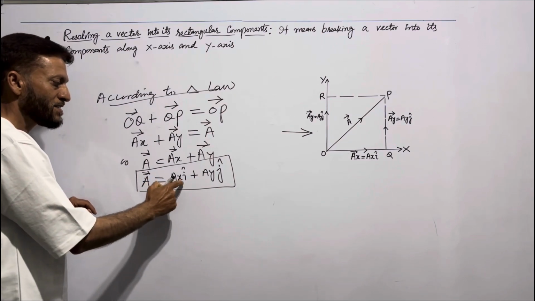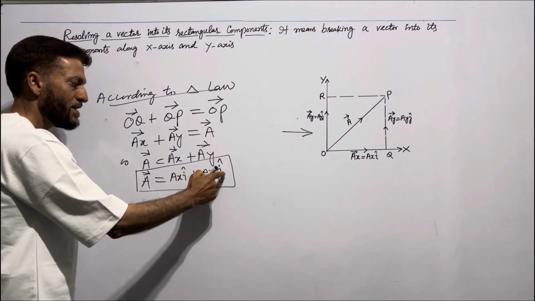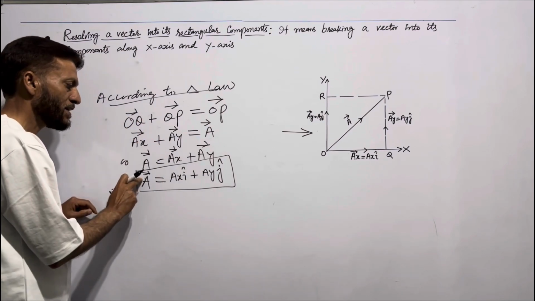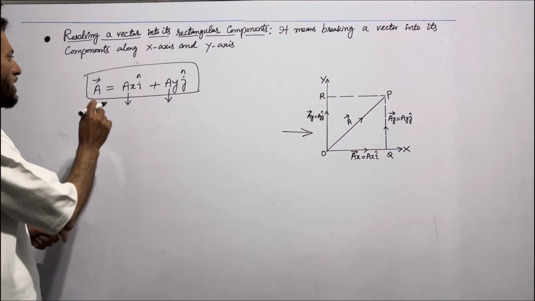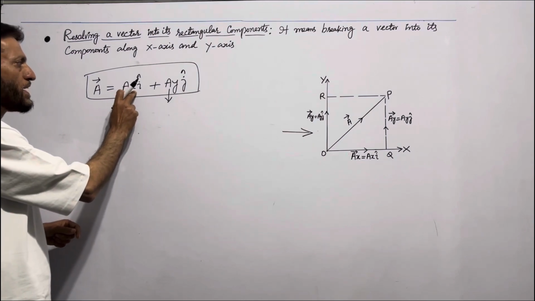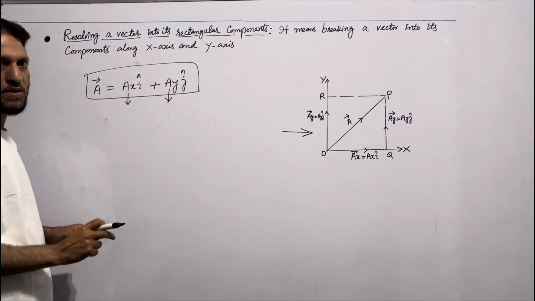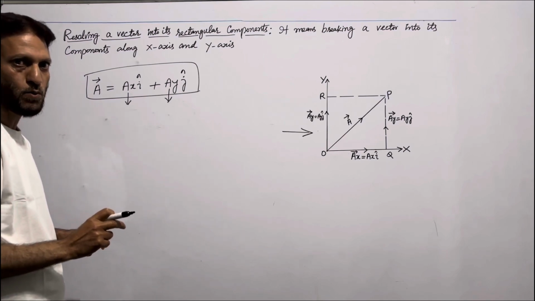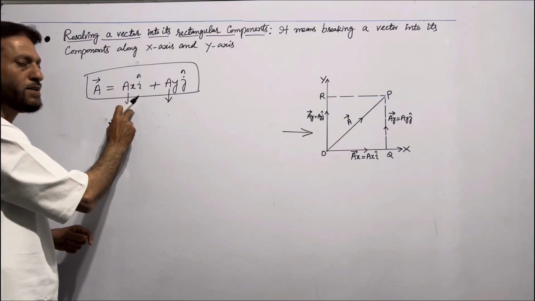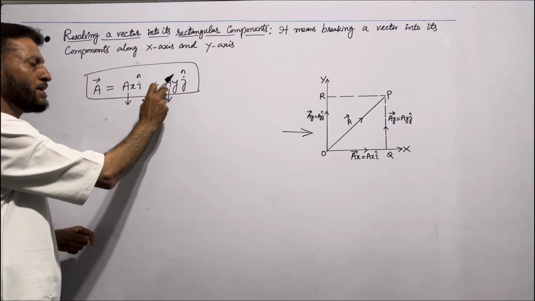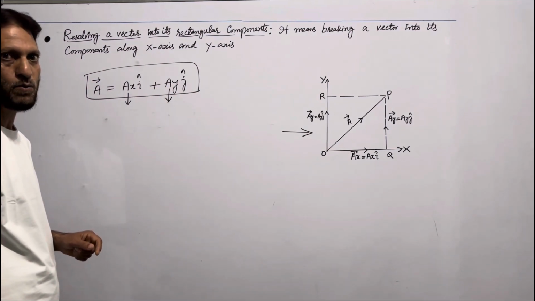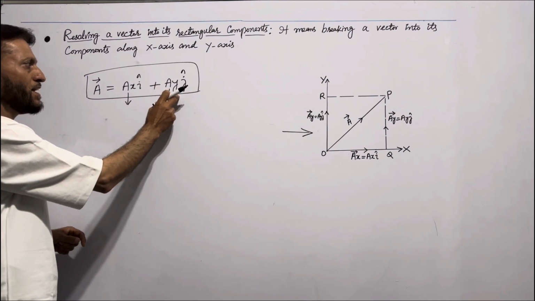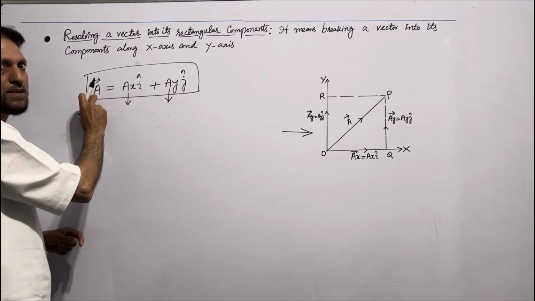So AX I cap and AY j cap are the two components of vector A. So we have vector A equals to AXI plus AYJ, where AX and AY are its rectangular components. AX is called horizontal component and AY is called vertical component. Now let us get the values of AX and AY in terms of given vector A.